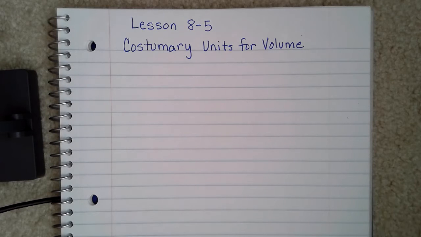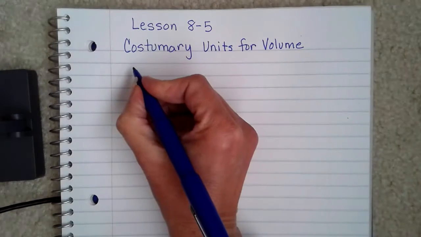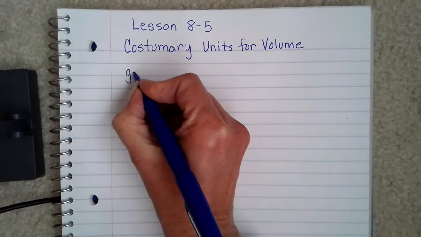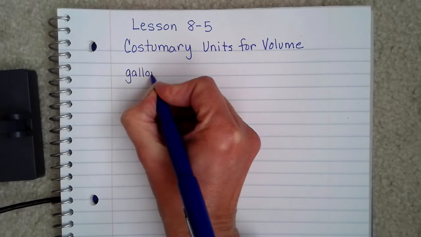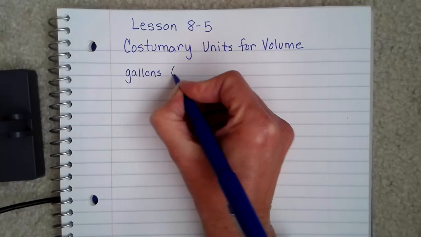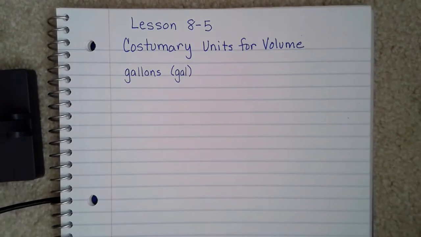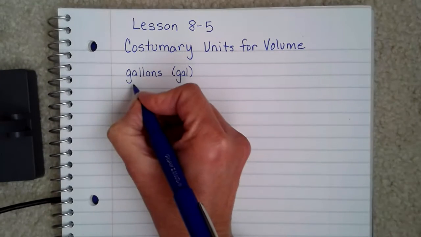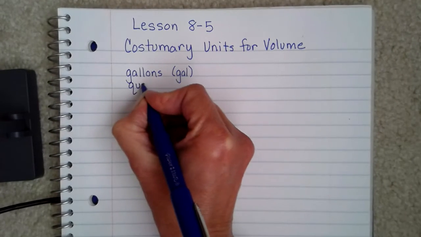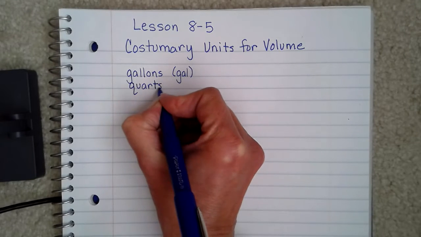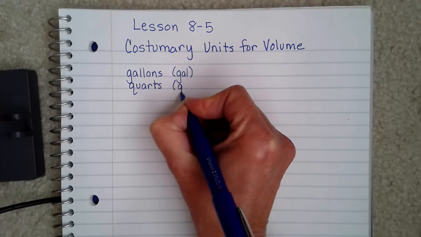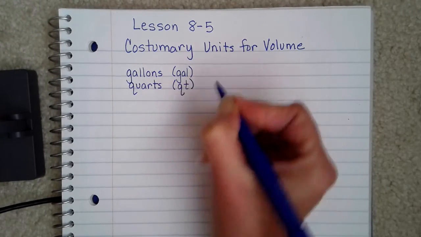All right, for volume, let's talk about the units of measurements that we use. So we use gallons, and gallons is abbreviated gal. We use quarts, and quarts is abbreviated QT.